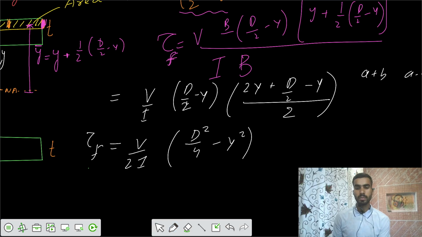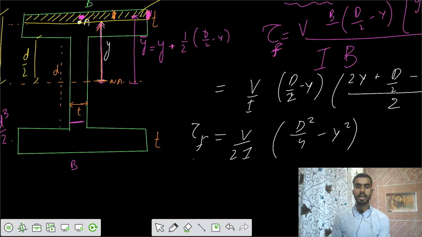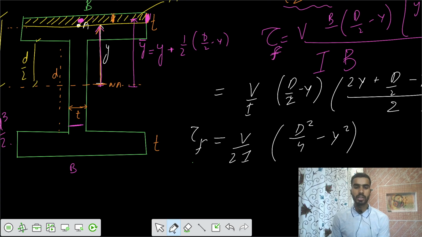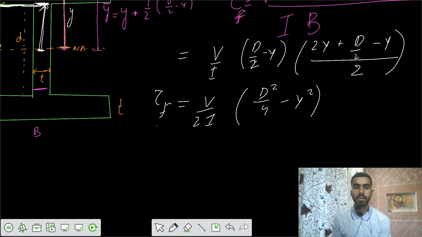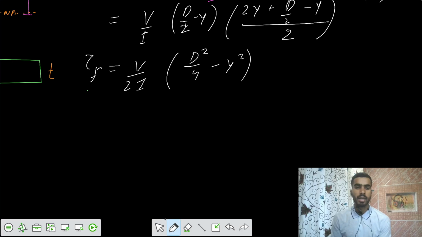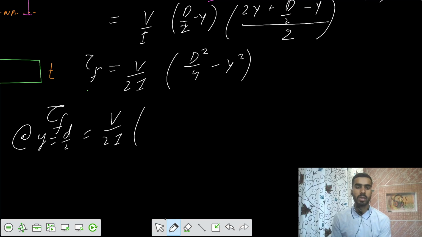Okay. Now, if you want to take that at the junction value, if the y goes from 0 to d by 2, if the y goes to d by 2, that is the junction between web and flange. Let's write tau at flange when y goes to d by 2. What is that value equal to?